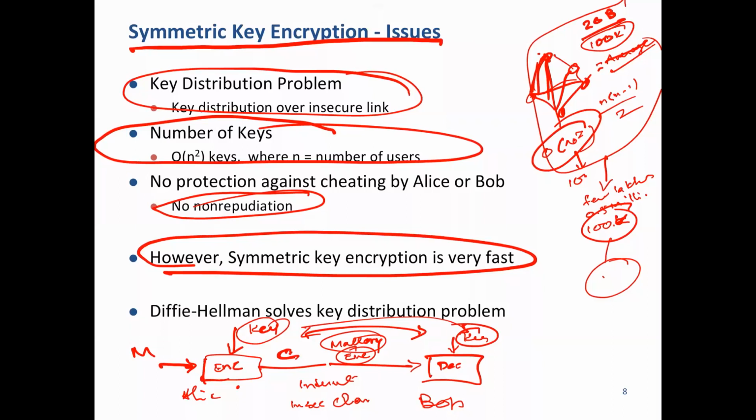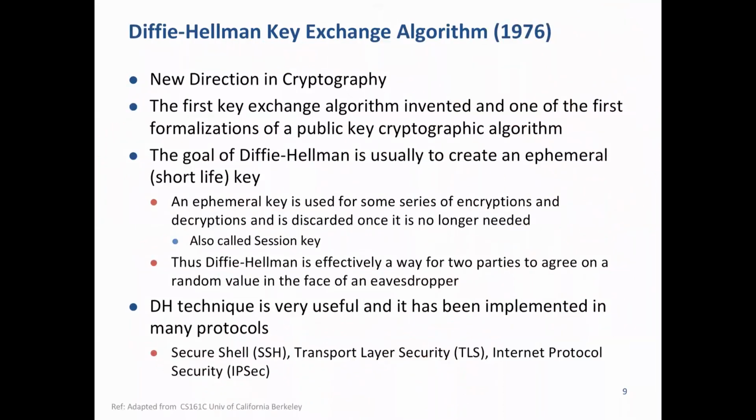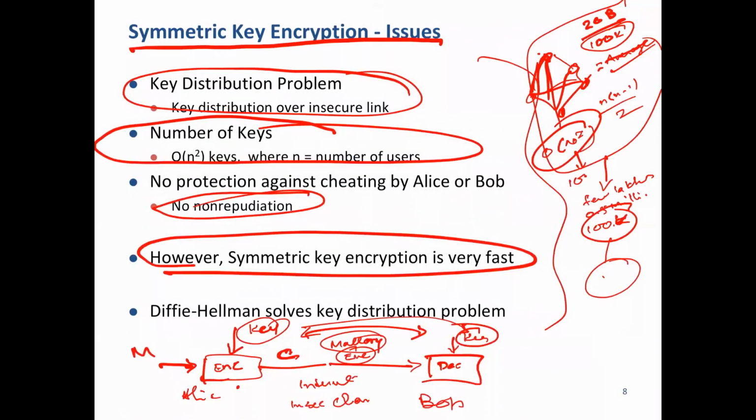So we want to solve all these three problems with asymmetric key cryptography. These are the problems we want to solve, and then we'll see what the issues are, and then finally we'll see if we can combine these two schemes.